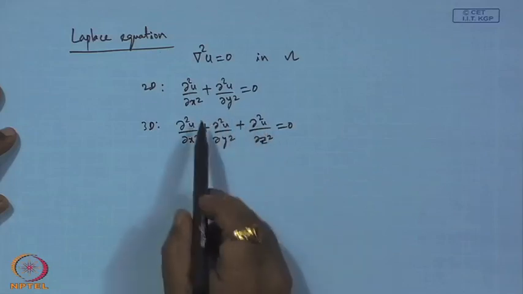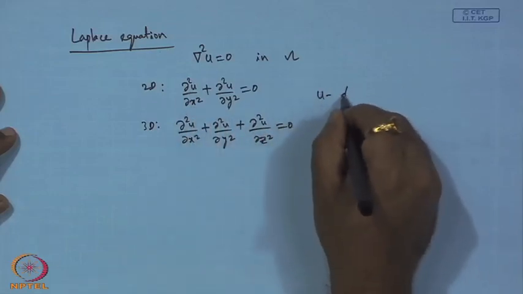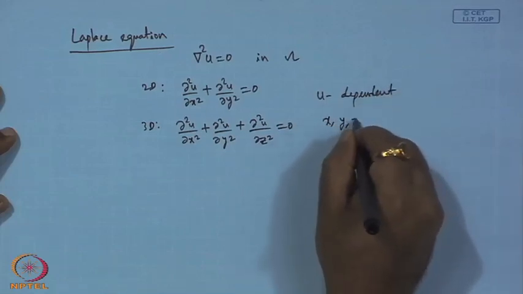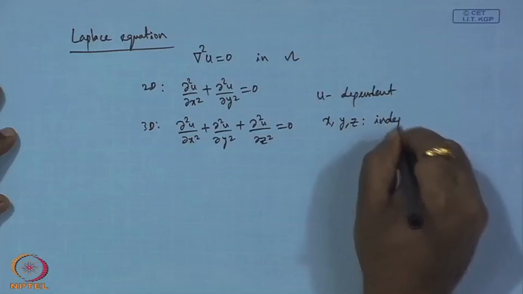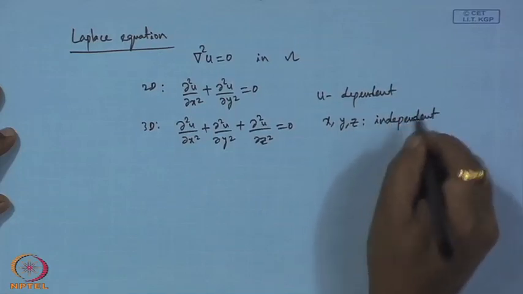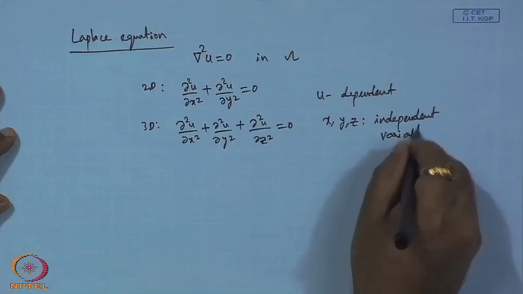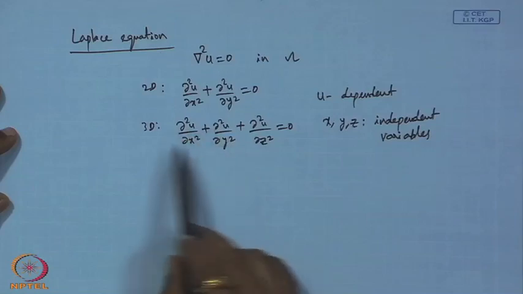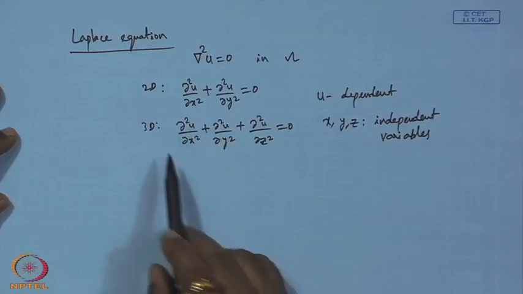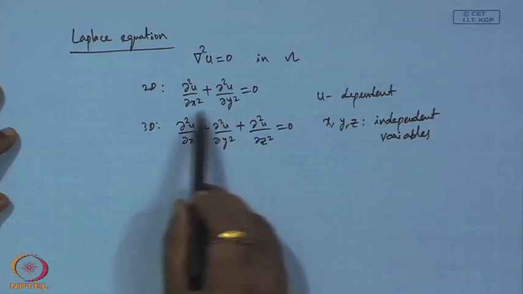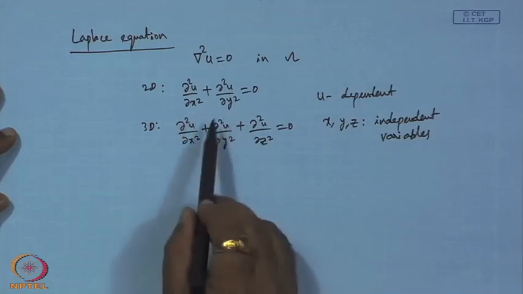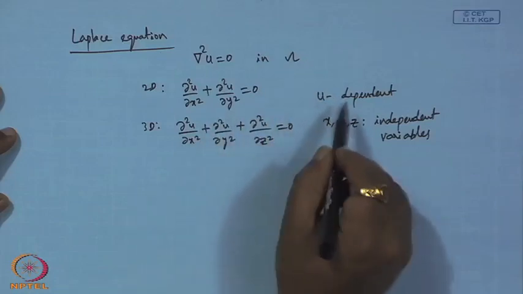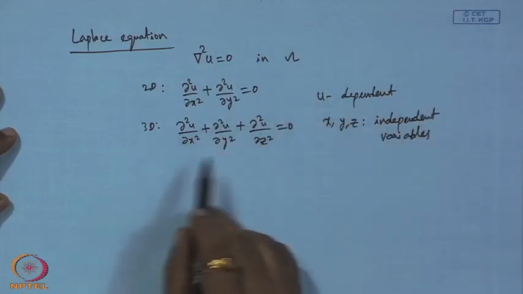Here u is the dependent variable, and x, y, z are independent variables, and there is no time involved in this. So, this is typical of general elliptic equations. Moreover, with respect to each space variable we have a second derivative. Of course, you can have some non-homogeneous terms, which we will see, but this is the simplest scenario.